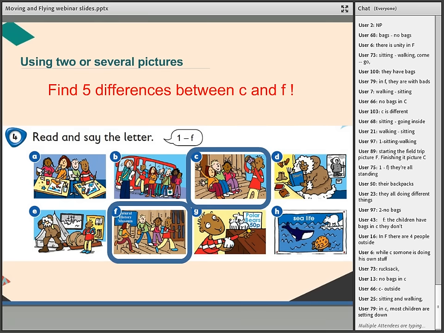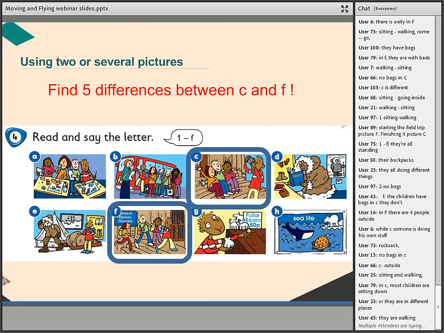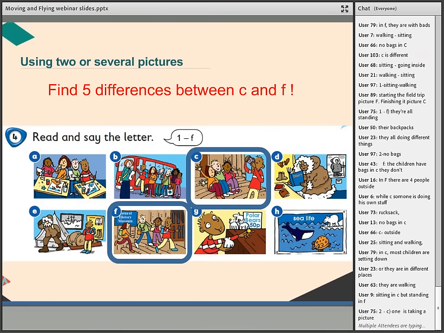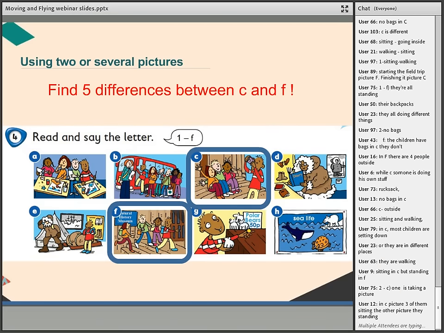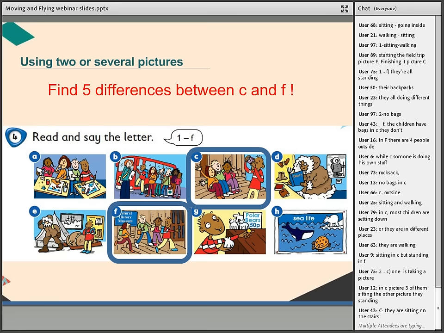Yeah, so we have lots of you coming up with bags or rucksacks and no rucksacks, all the children doing the same thing, walking, whereas in picture C they're not. Walking versus standing.